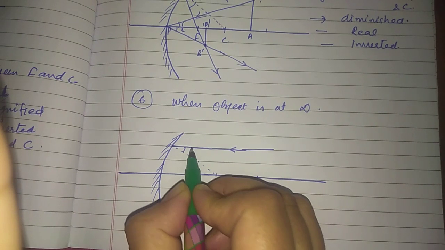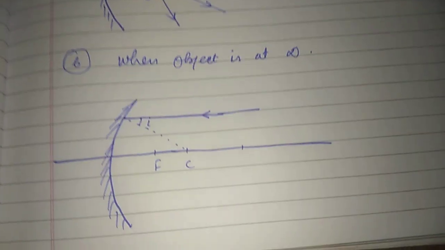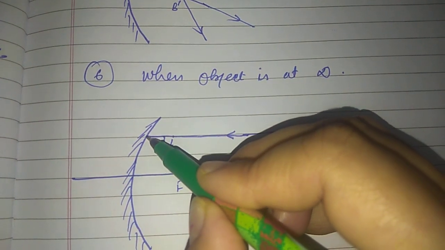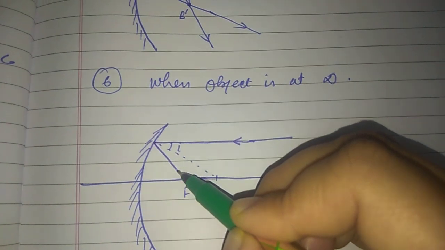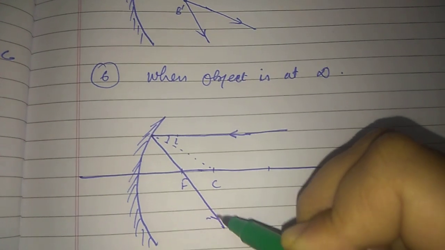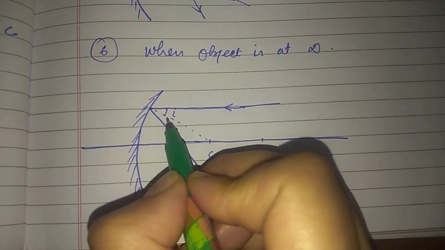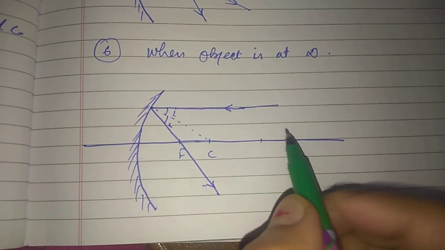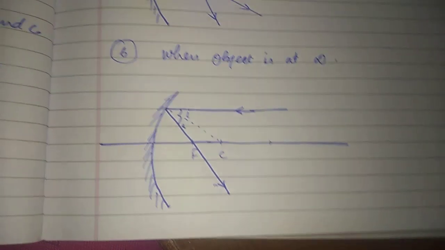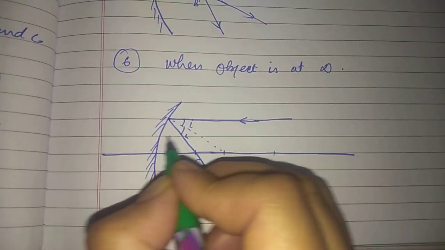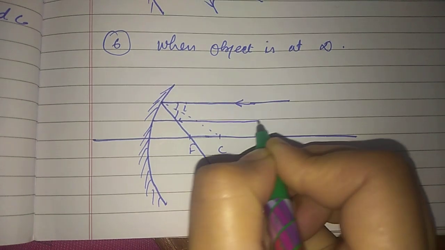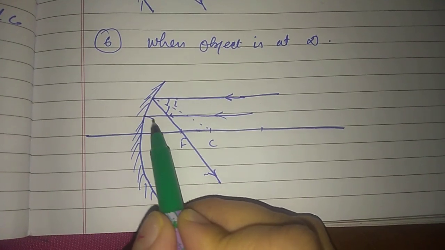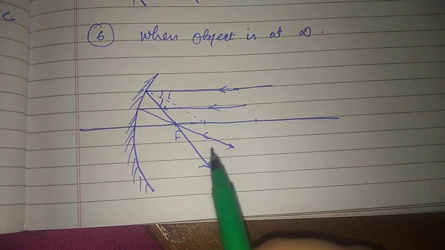Now again following the law of reflection, you see this is the ray which is parallel to the principal axis, and after following the same law of reflection, this will automatically pass through the focus. So here the angle of incidence and angle of reflection are the same. So similarly for all the other rays, you can draw the normal, and you will see all the rays will pass through the focus.